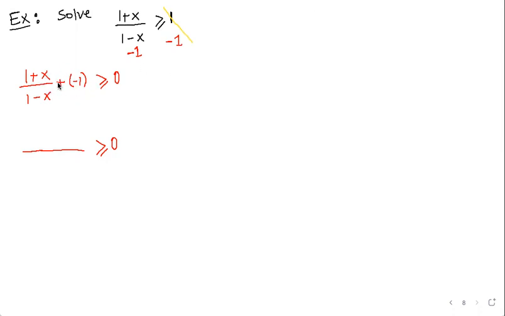What we have to multiply? Negative 1 times 1 minus x, okay? Here over 1 actually. Plus what?